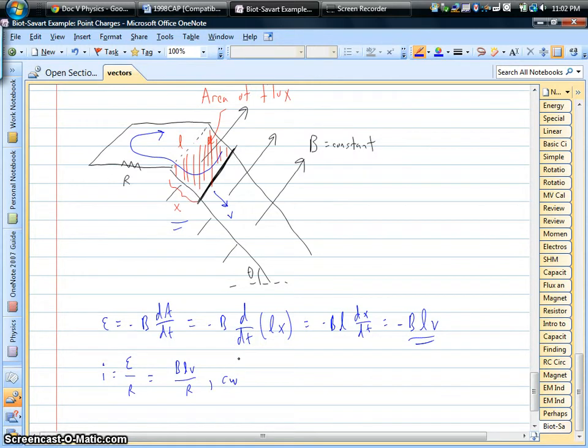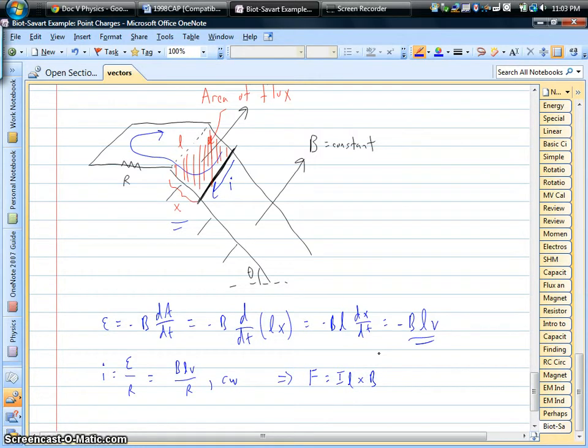Now, what this means is that if you look at the bar, let me clean this up and get a couple things out of the way. The current that's induced is flowing that way, kind of like towards us or to the left in our picture. Now we have a consequence of that. Whenever there's a current inside a magnetic field, there's a force acting on it.